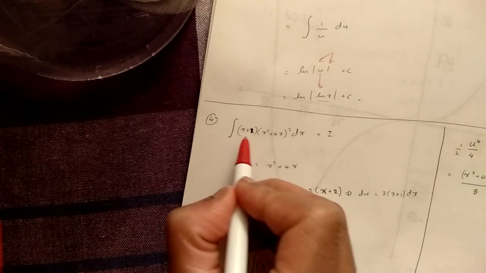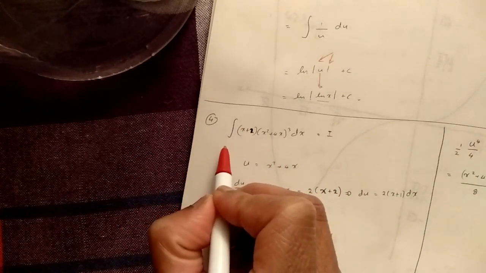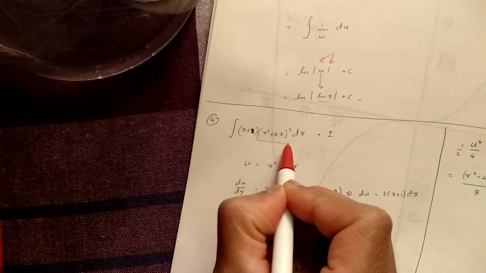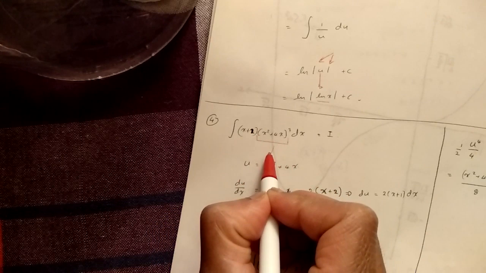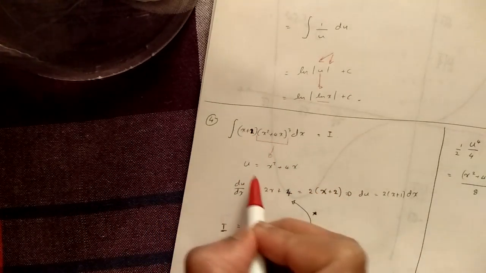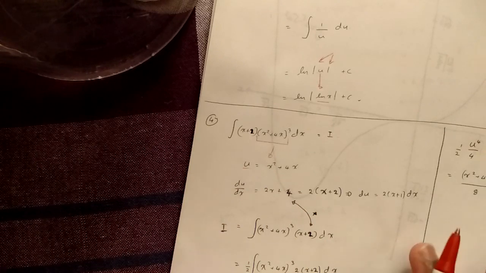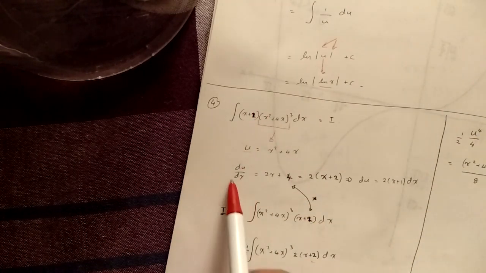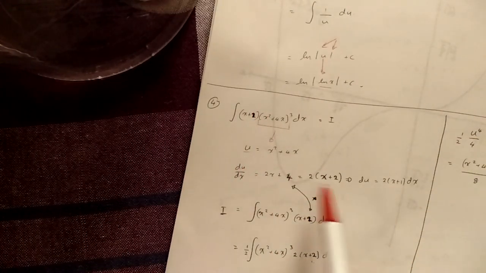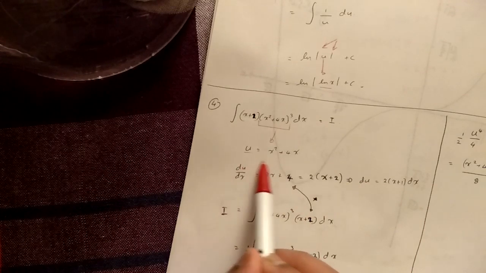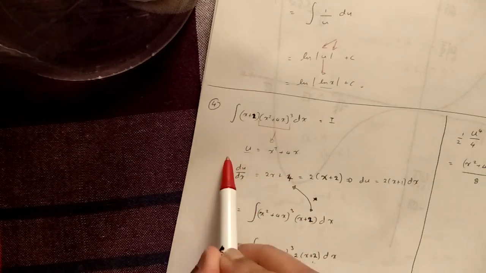What we can do is observe that the term that causes the problem is this one, so let's substitute that term with the general variable. Then if we follow the procedure, the derivatives will be of this nature, and once you differentiate you will get this relationship.